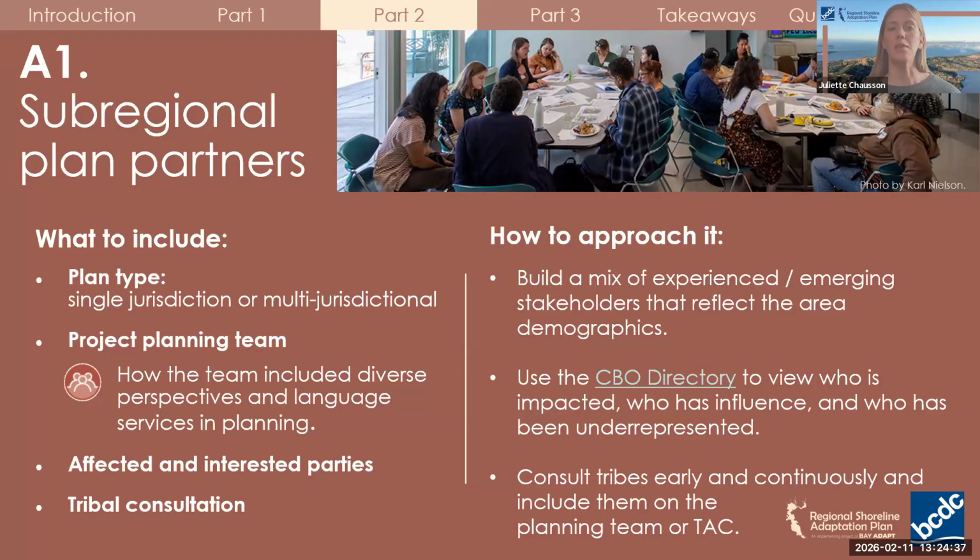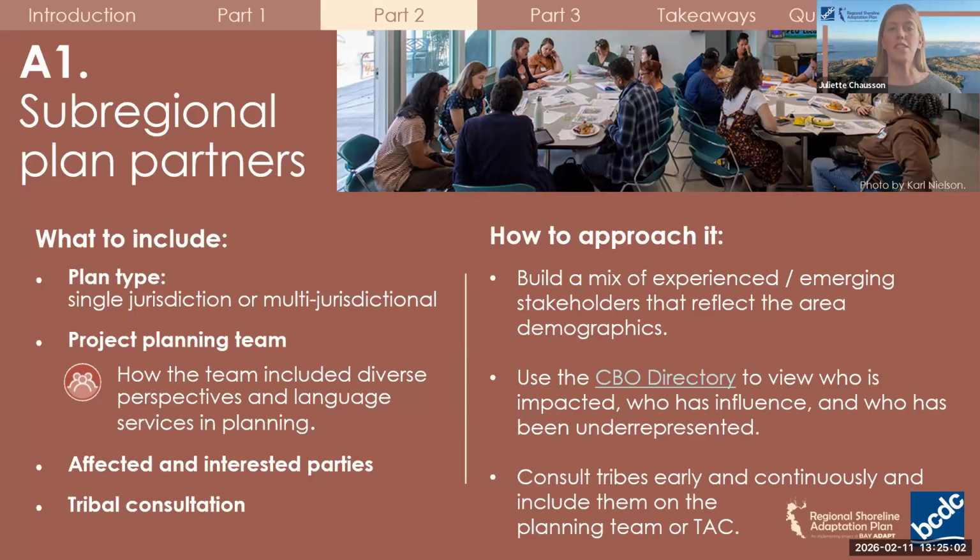When approaching this, think about building a mix of experienced stakeholders and emerging partners so the team reflects the makeup of your planning area. Consider who's impacted, who is influenced, and who has historically been underrepresented. In the next slide, I'll dive into our Community-Based Organization Directory, or CBO directory, which is a great starting point to help identify these parties.